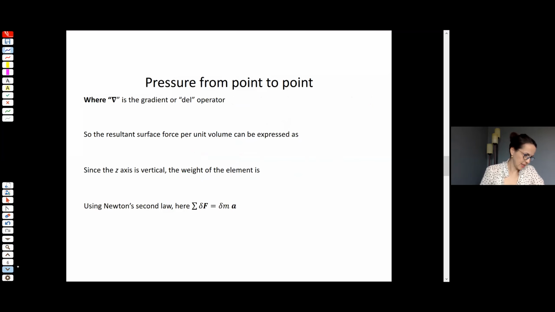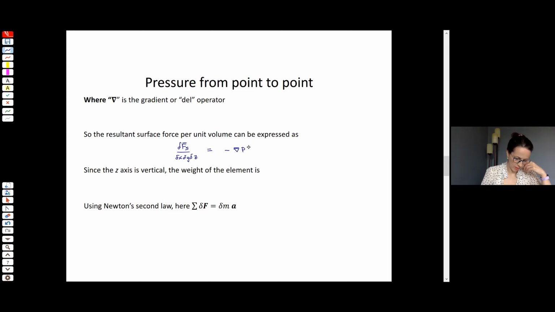All right. So where we had just been, we had written this expression. It's the resultant surface force in vector form per unit volume. And we showed that it was equal to minus grad P, the pressure gradient.